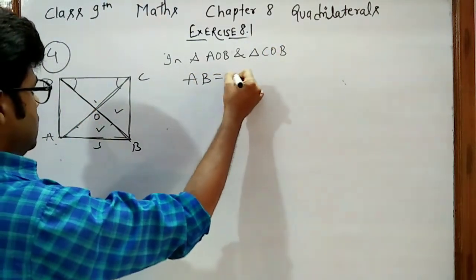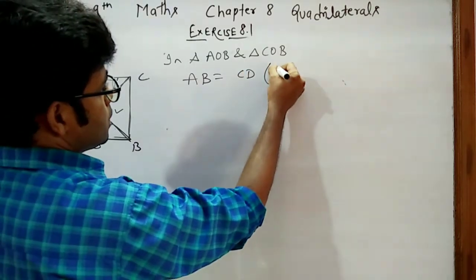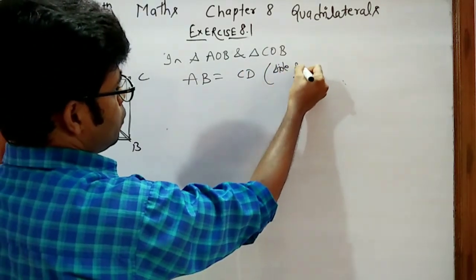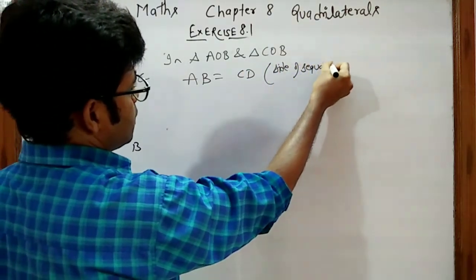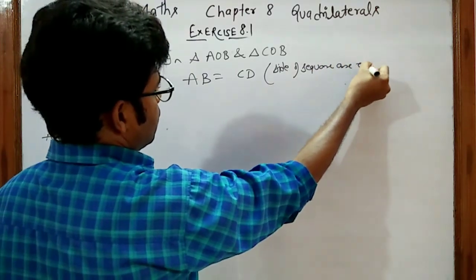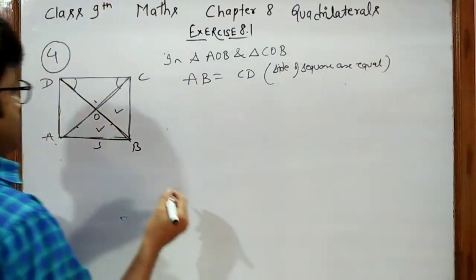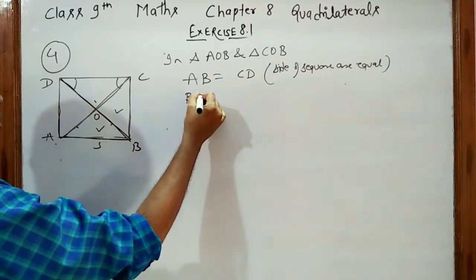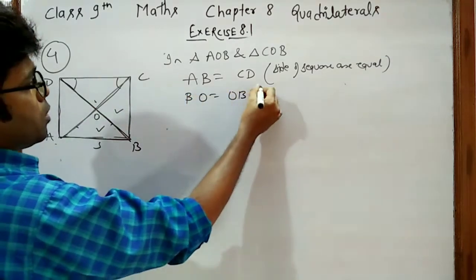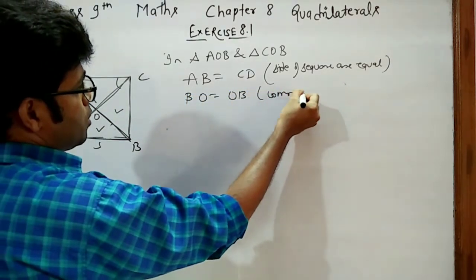AB is equal to CB, sides of a square are equal. BO is equal to OB, common.